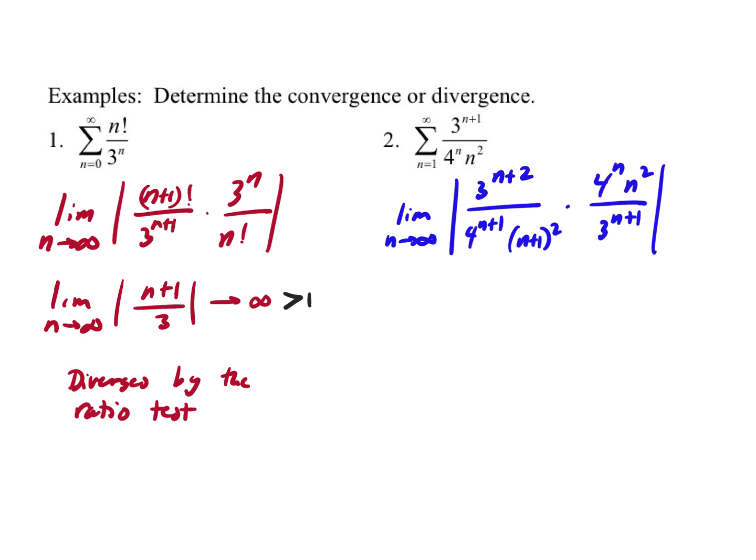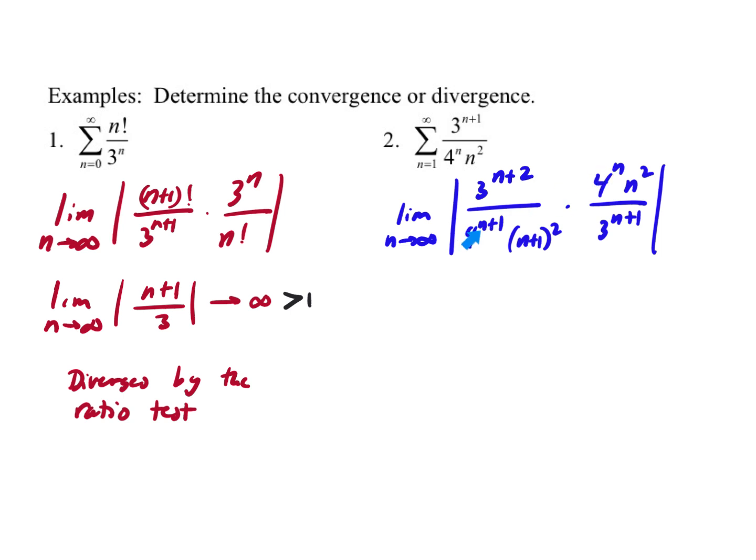All right? And so now what we should be able to think is, okay, just like we did before, I'm going to have a 3 on top and I'm going to have a 4 on the bottom, because there's one more 4 being multiplied. That's what it really means. 4 to the n means multiply 4 by itself n times.